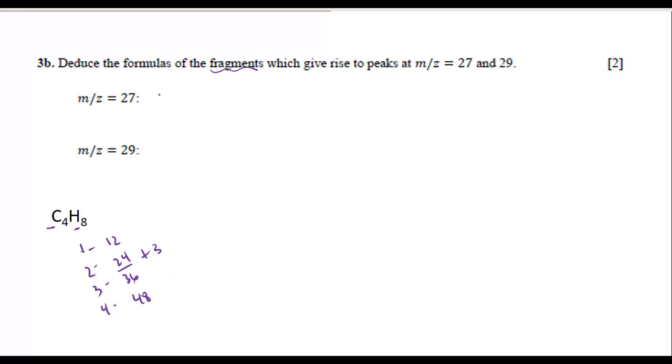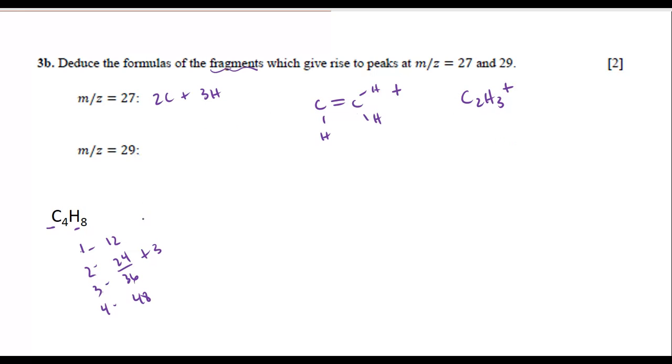And so I know that this is going to be 2 carbons and 3 hydrogens. Ooh, if I've only got 3 hydrogens, that's kind of weird because I can't have a methyl group if I have 2 carbons, which probably means that I've got a double bond in there somewhere. So this would be my fragment, which gives rise to peak 27. I could write it like this with the plus sign, or C2H3 with the plus.